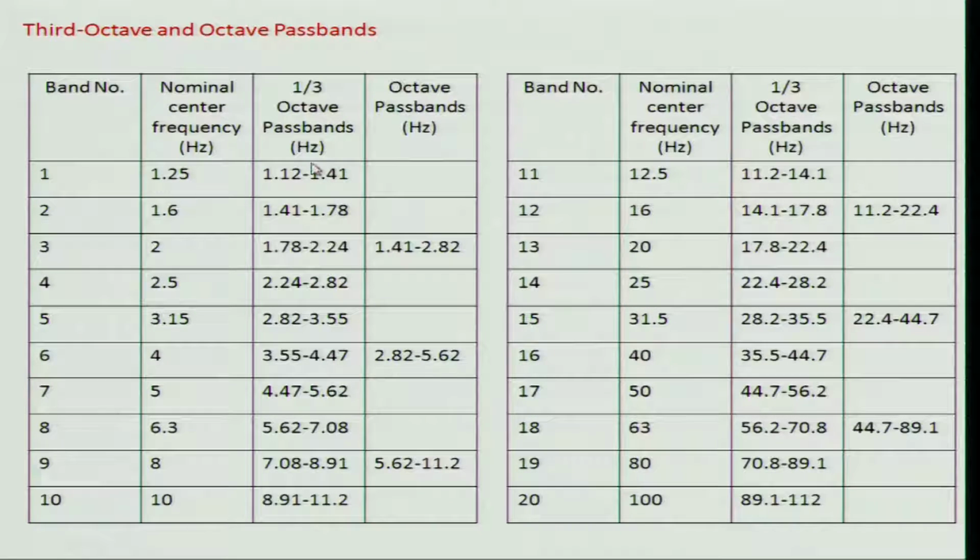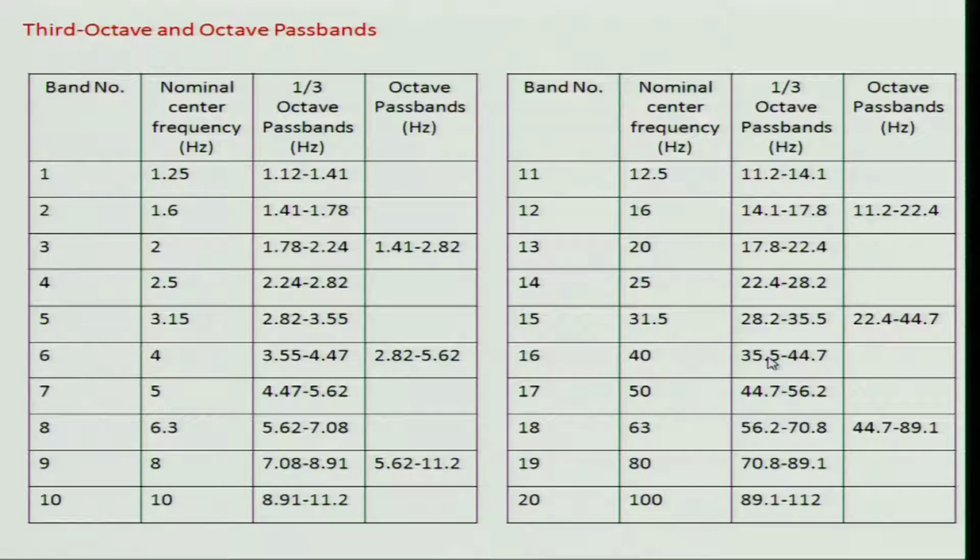This is an octave band, these are all 1/3 octave bands. So this is the frequency range for this octave band. Then you have two more 1/3 octave bands, then you get another octave band, then you have some more 1/3 octave bands, then you get another octave band, and so on and so forth.